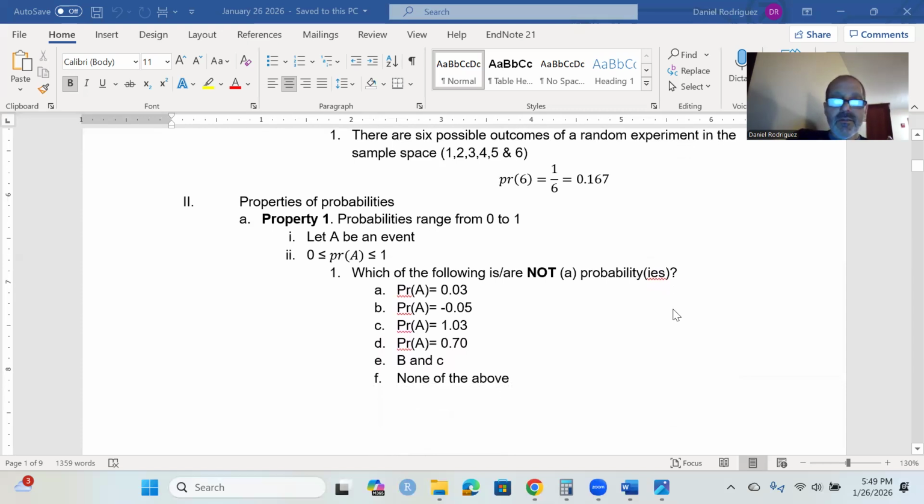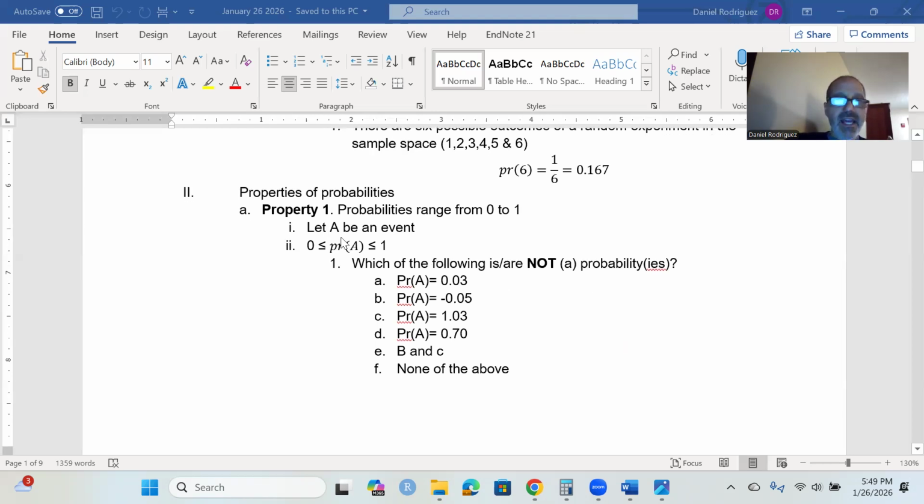So let's look at some properties of probability. Property one, these are extremely important for you to appreciate. Probabilities range from 0 to 1. That means it cannot be negative and it cannot be above 1. So let A be an event. The probability of A is greater than or equal to 0 and less than or equal to 1.